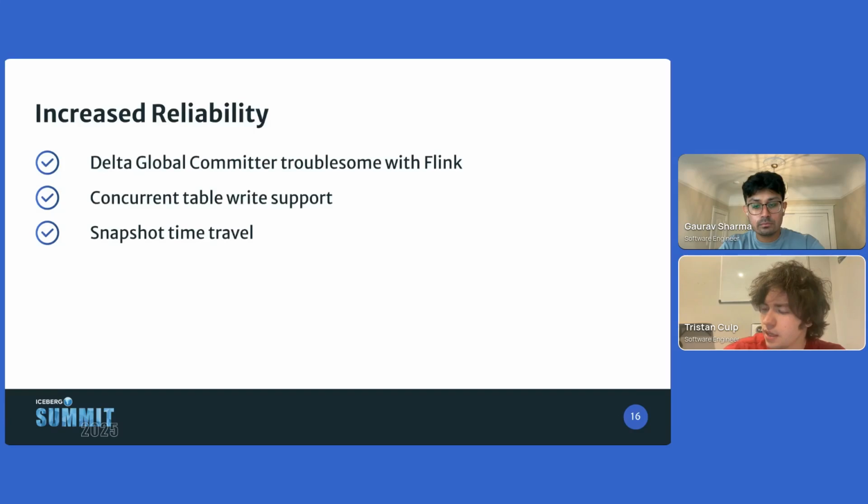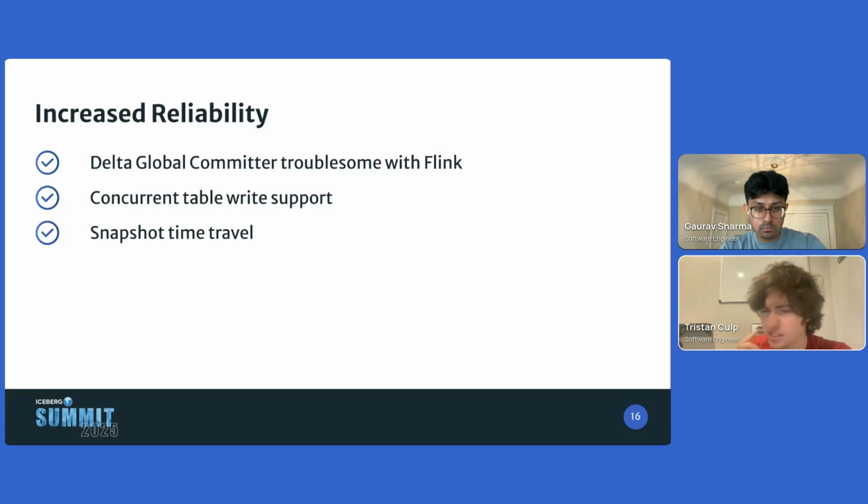Lastly, a key feature that we really enjoy is the snapshot time travel capabilities. Previously, when we were working with Snowflake warehouses, we would have problems with the table state or the quality of some of the rows, and we would have to reach out to a Snowflake representative, open a case, and get help from them to recover an older table state.